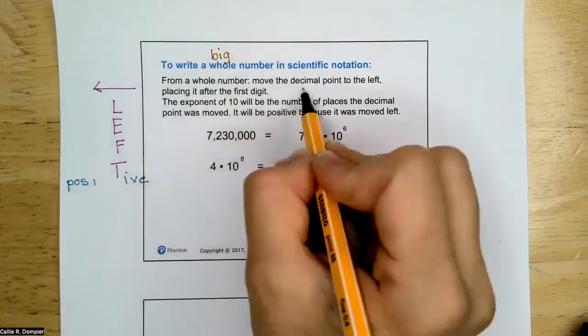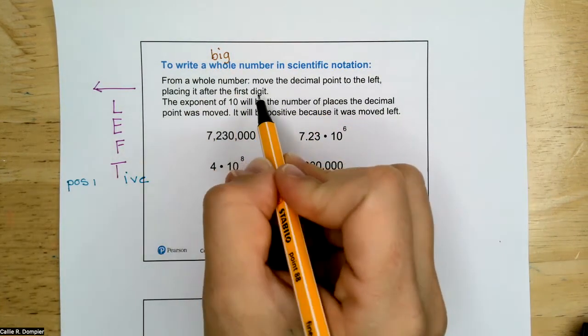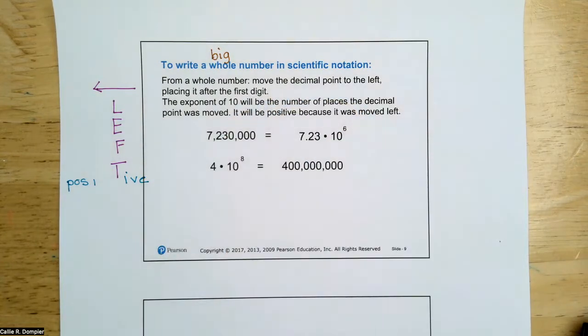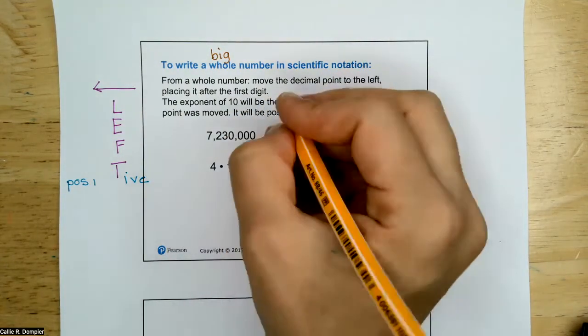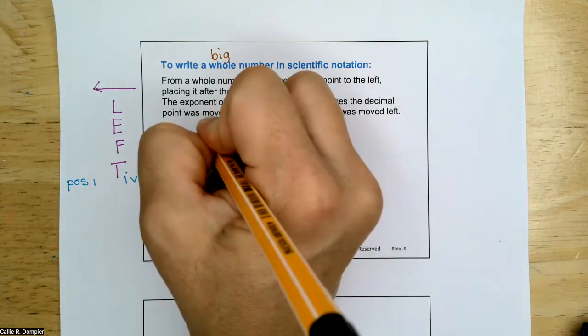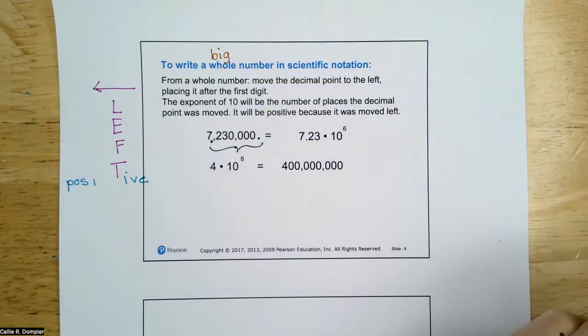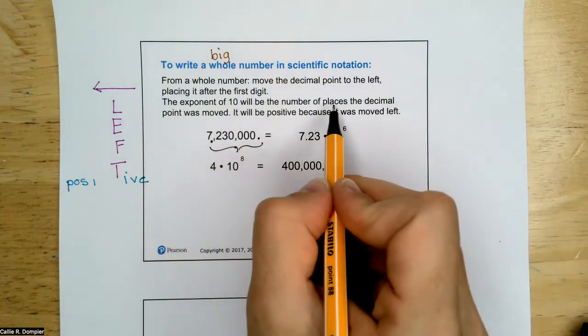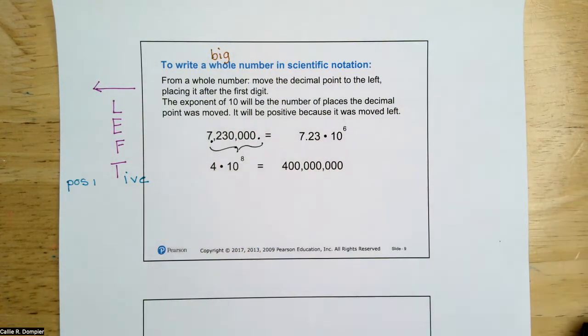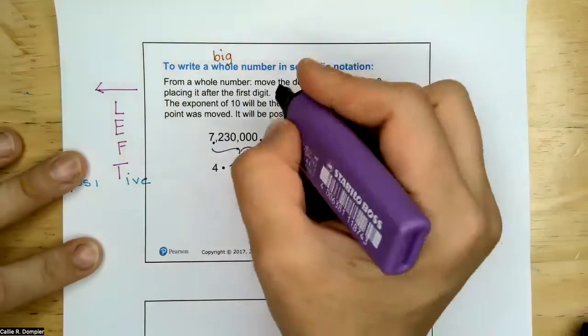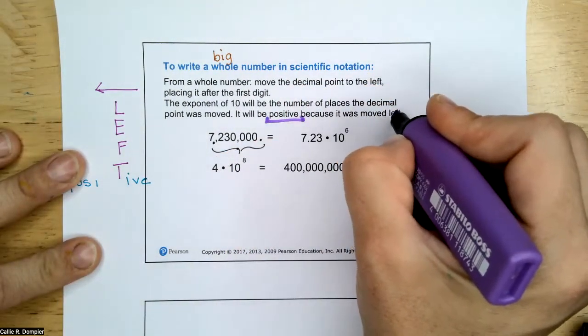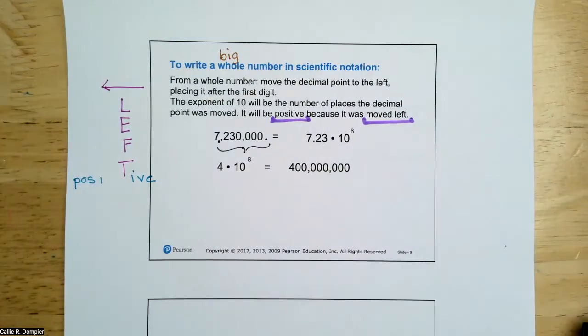So from a whole number, move the decimal point to the left, placing it after the first digit. The exponent of 10 will be the number of places the decimal point was moved, just like for the small numbers, but it will be positive because it was moved left.